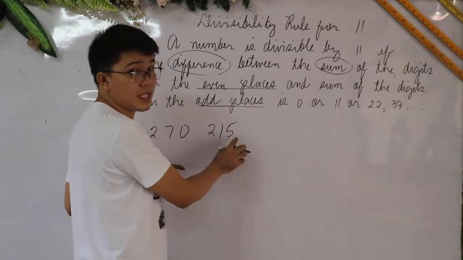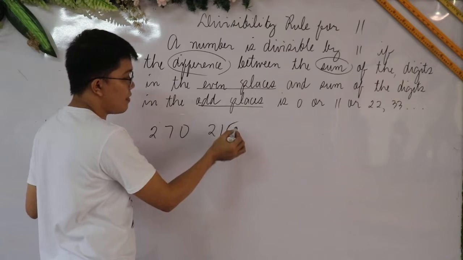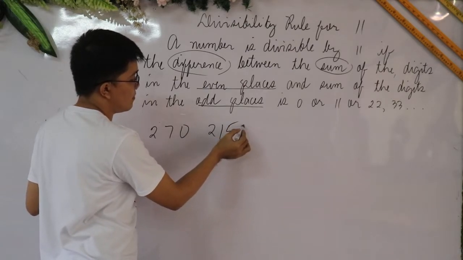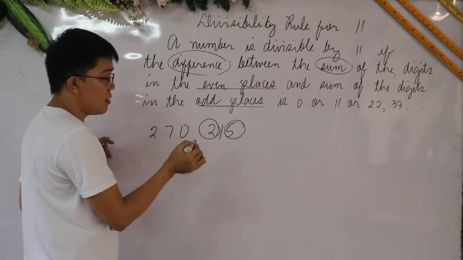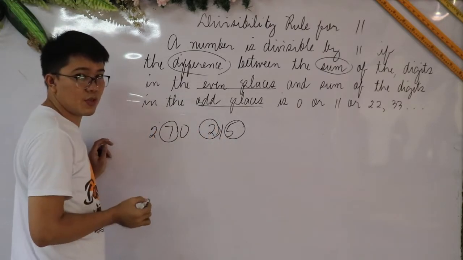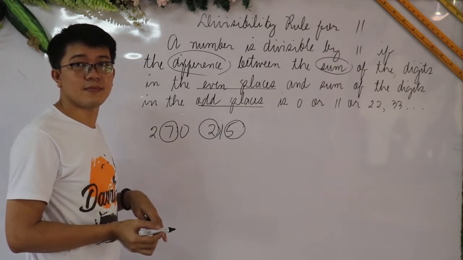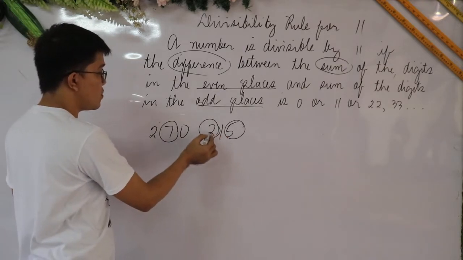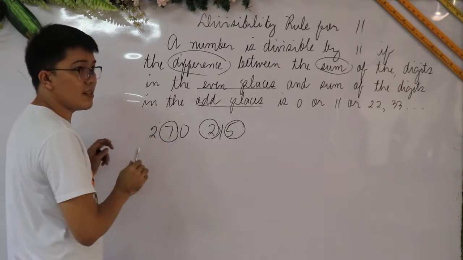Beginning in ones place, the odd places are, we have 5, we also have 2, and we also have 7. So these are the digits in the odd places. We have 5, 2, and 7, or ones, hundreds, and 10,000s.